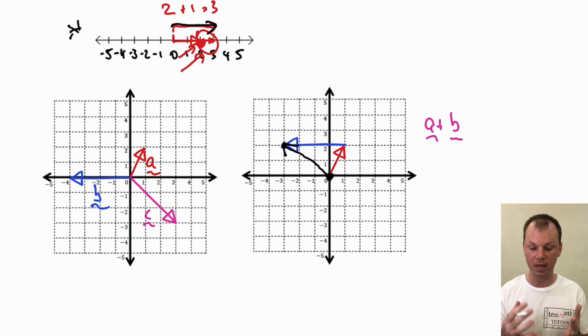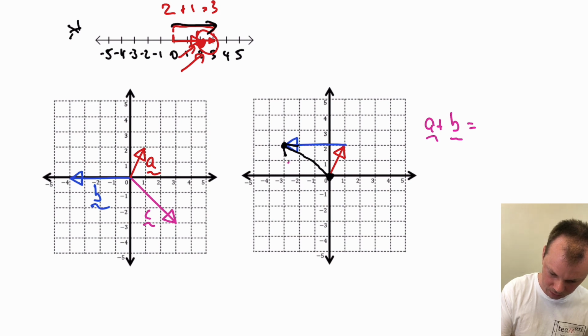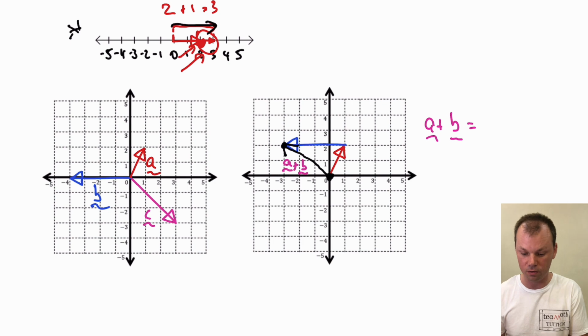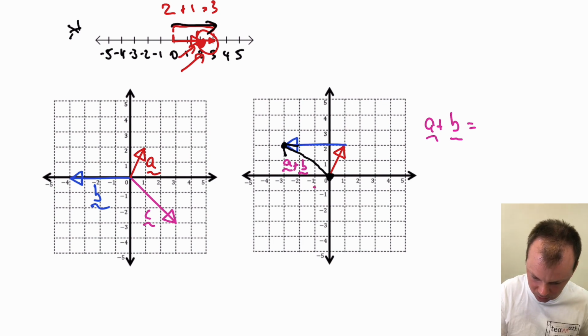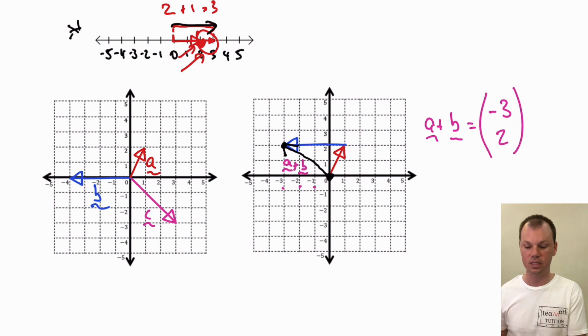That's A plus B ends up being that point there. So we can write that as the vector A plus B, and we can even say the direction that it's going in, right? It's going -1, -2, -3, and it's going up 2. So we can say that's the end position of the vector A plus B.